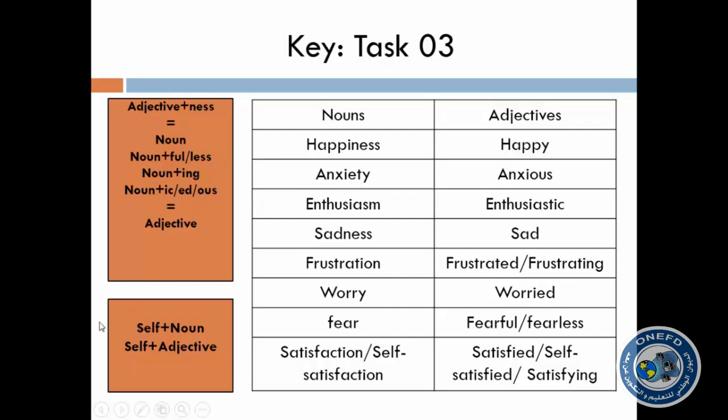And on the other hand, we have the prefix self. Self here is a prefix. We add self to a noun in order to make another noun, or self to an adjective to make another adjective. So let's move on to another step.